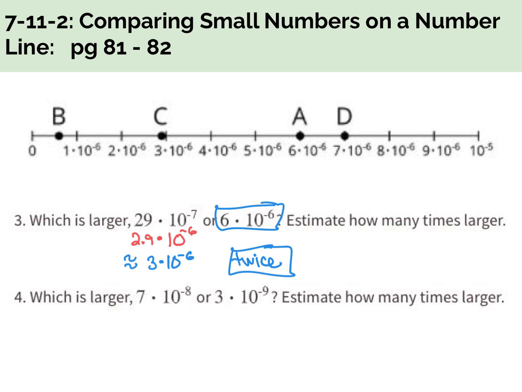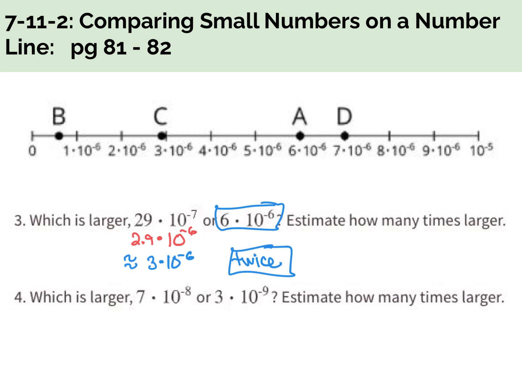So again, with number 4, I like to make it so that the exponents are the same. So let's think about the different exponents. I have a 7 in the front and a 3 in the front. So really, I am comparing the 10 to the negative 8 and 10 to the negative 9. So which one is going to be bigger?